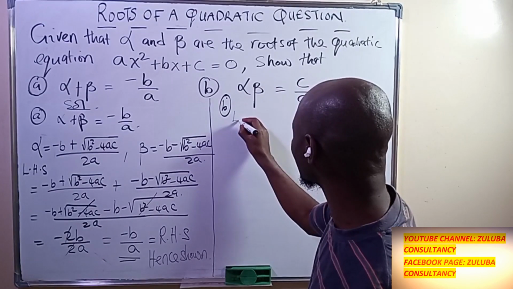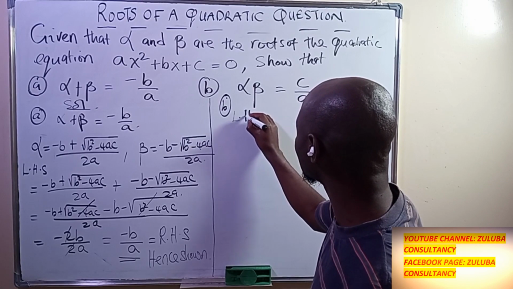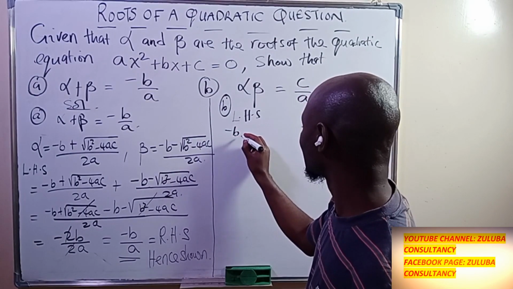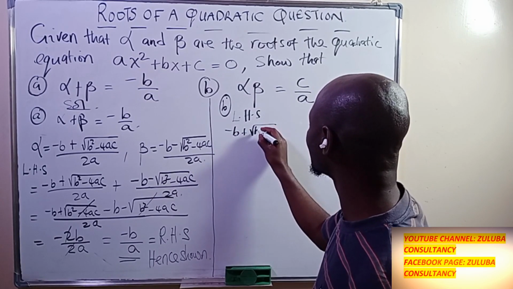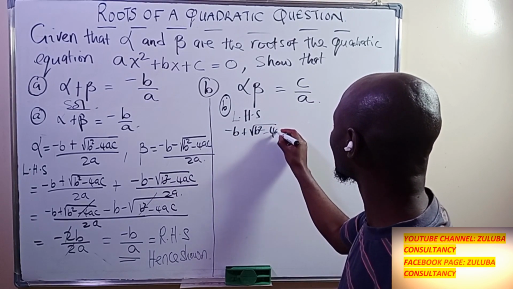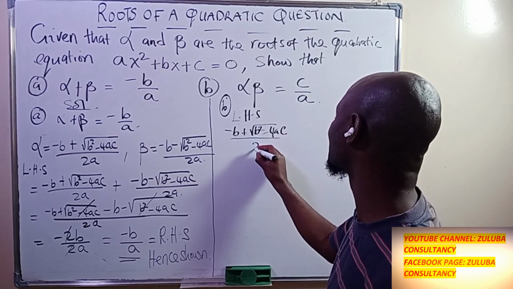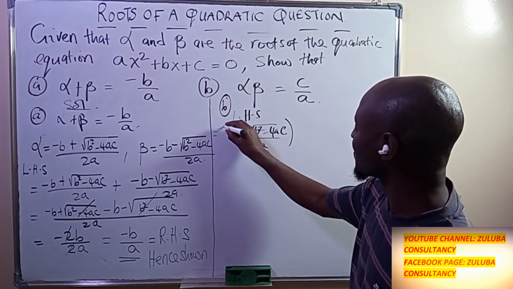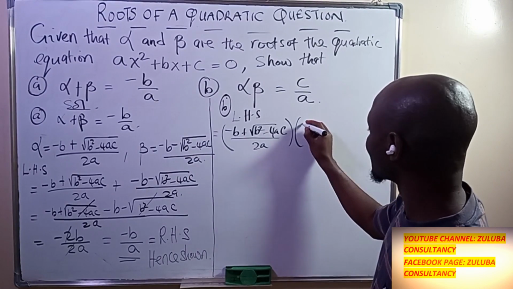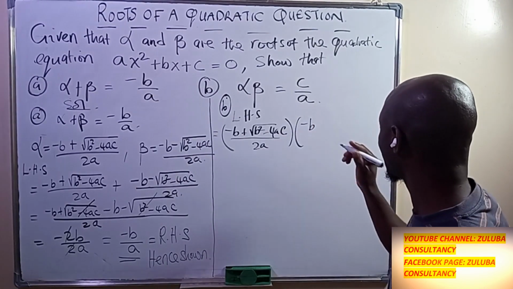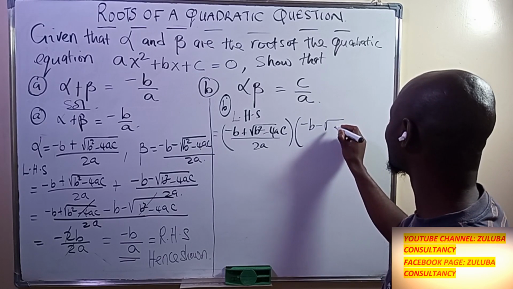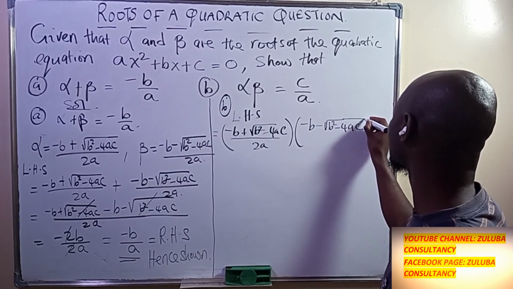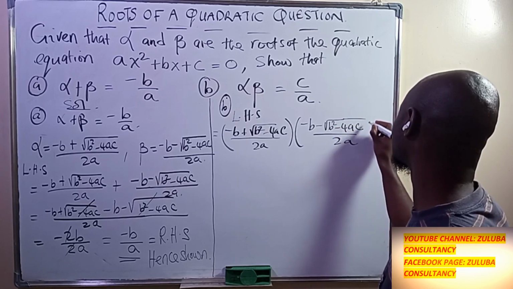The left-hand side will be negative b plus square root of b squared minus 4ac all over 2a. We are multiplying this with this, minus b minus square root of b squared minus 4ac all over 2a.